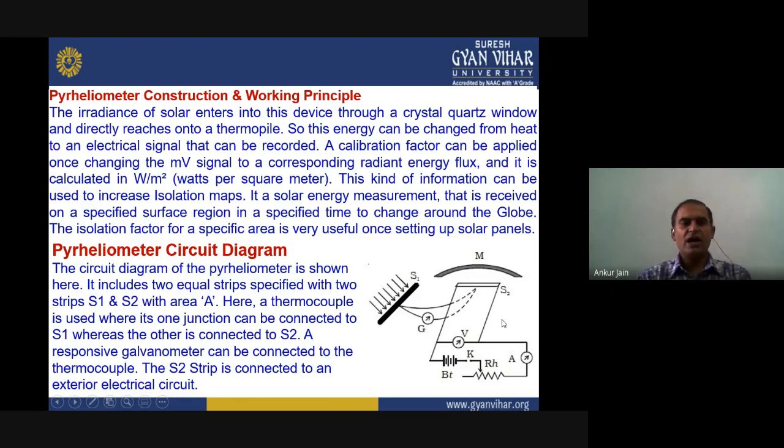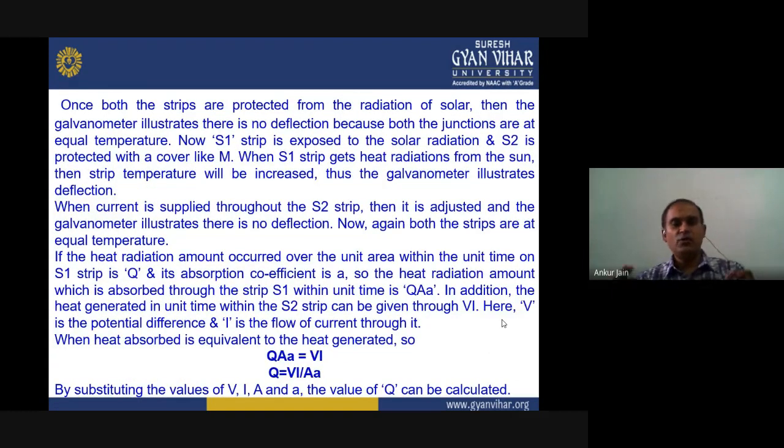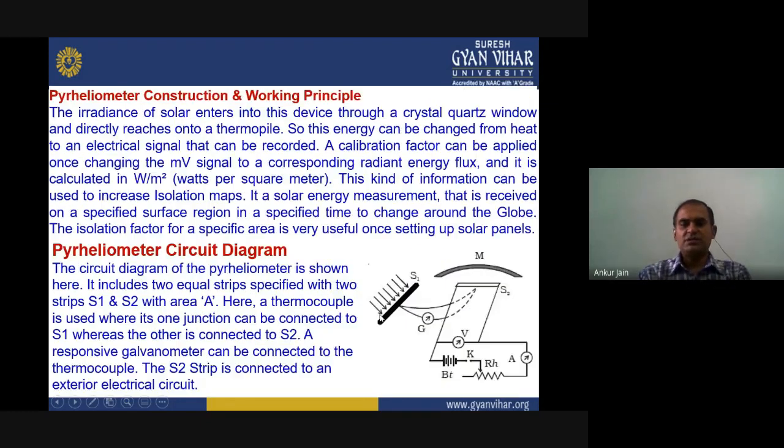Now, how it works: when both the strips are protected from the solar radiation, there should be no deflection in the galvanometer. If we cover these two strips by some means, like here we have shown some shadow M, that is one sheet which is covering the surface of the S2 strip, and similarly we cover the other strip also, there will be no deflection in this galvanometer.